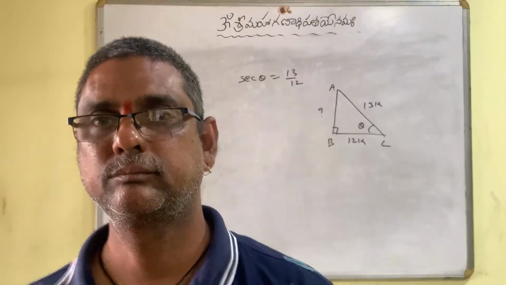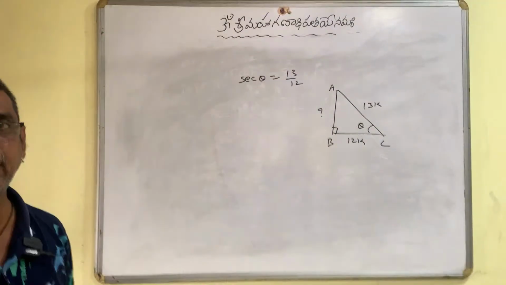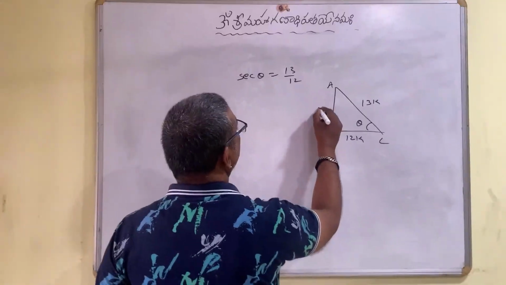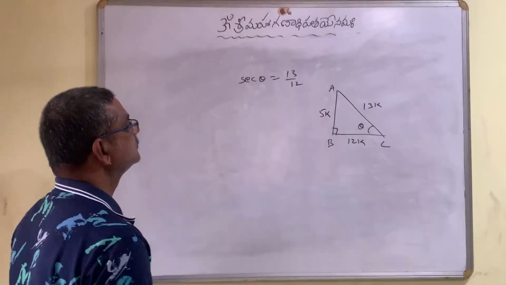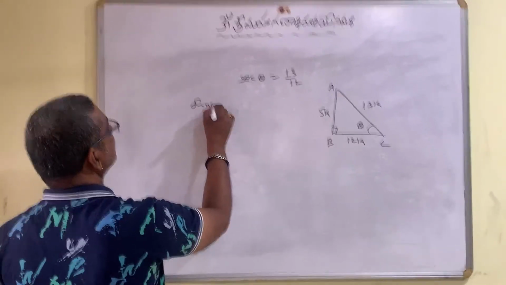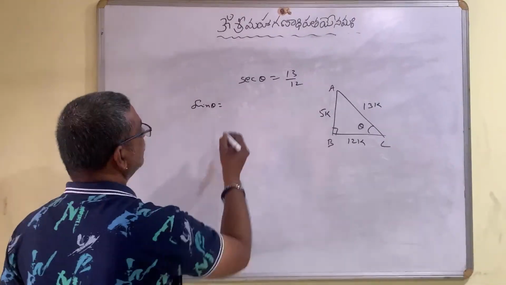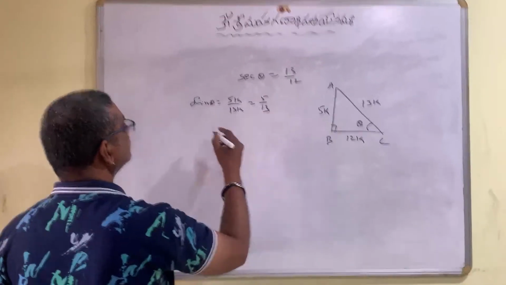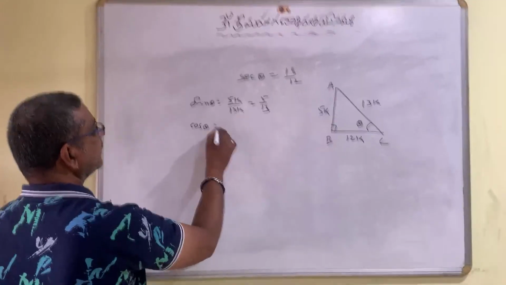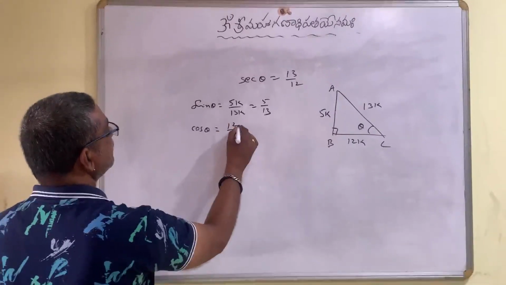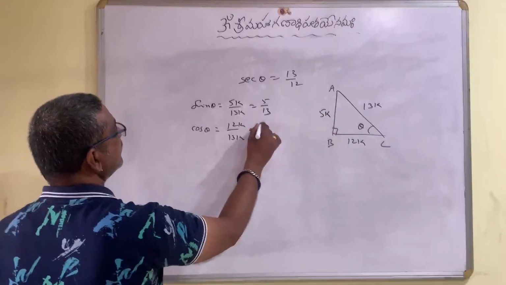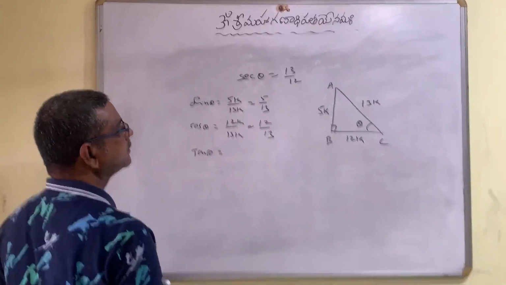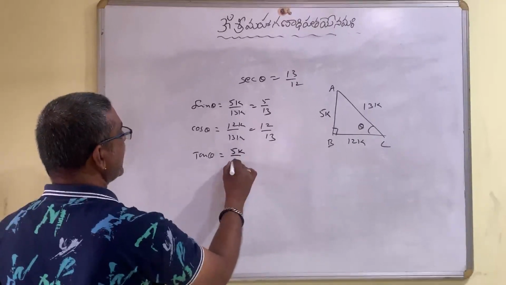Okay, now this will be 5k, is that right? Now, sine theta is 5k by 13k, 5 by 13. Cos theta is 12k by 13k, 12 by 13. Tan theta is 5k by 12k, 5 by 12.